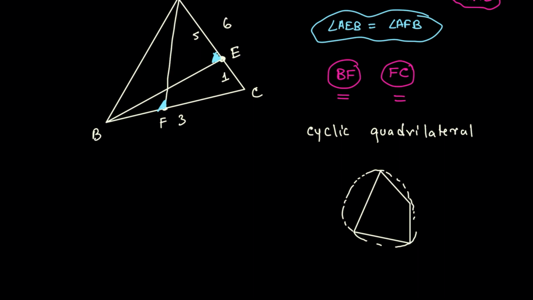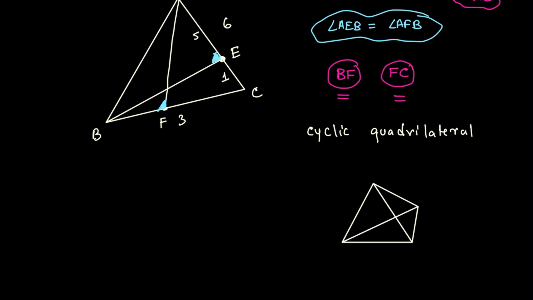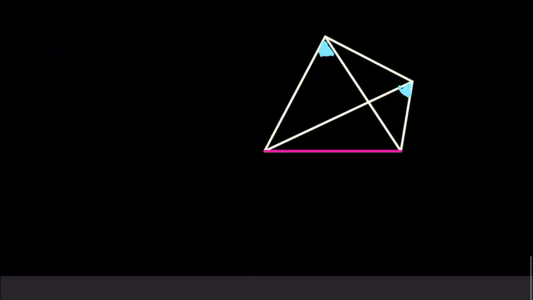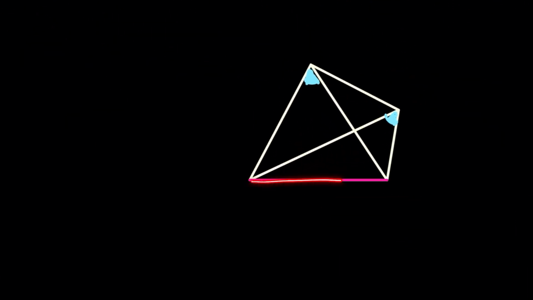One way to do it is, if you have a quadrilateral, draw the diagonals like so, and if the angles standing on this same line segment are equal, then we say that the quadrilateral is cyclic.